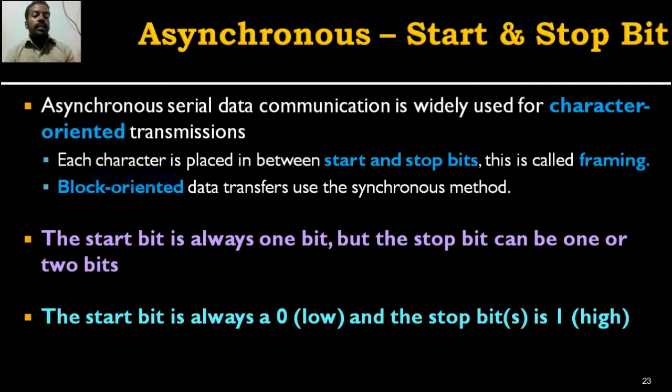The start bit is always 0, low, while the stop bit is always 1, and it can be 1 or 2 bits. From this concept we can identify which bit is the start bit and which is the stop bit.